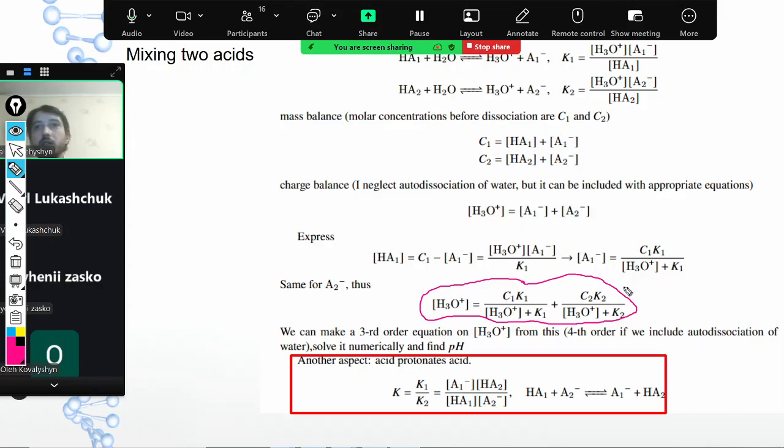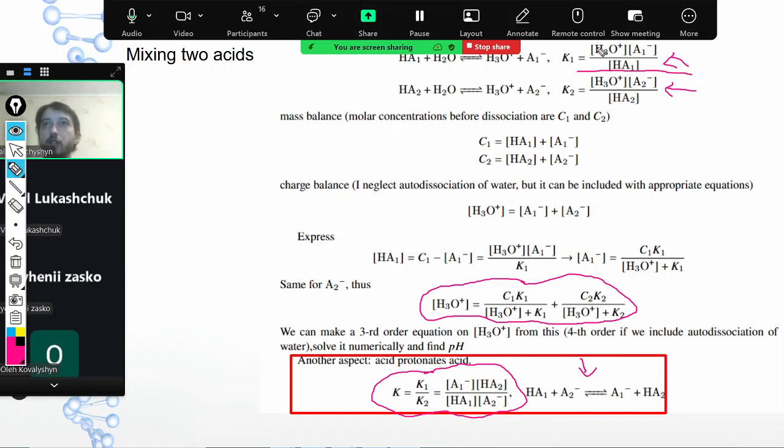That will be something pretty complicated, and there will be a process of protonation of one acid by another acid. So here I have written an equation that describes this process. If I take K1 and divide it by K2, using these definitions, I get this K, but you see that some parts I can divide through.